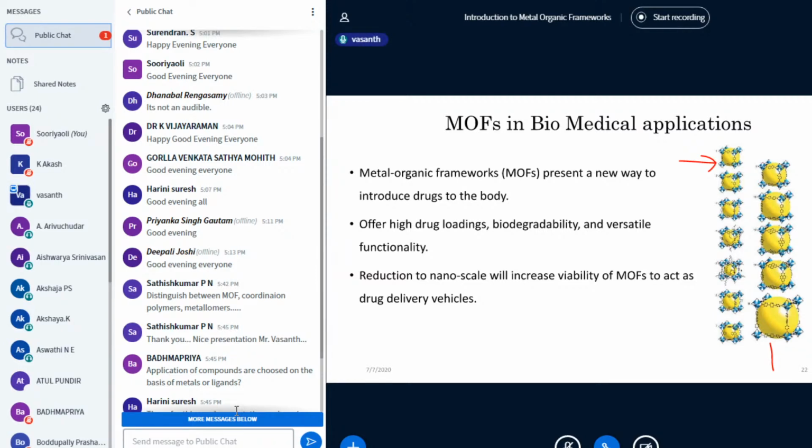Here is a question: could you please explain isoreticular synthesis again? In this slide, we could see there are a lot of similar structures. We have seen a cube-like structure. These cubes are a single unit of metal organic framework. This is the smallest cube, and it goes down and becomes the largest cube.